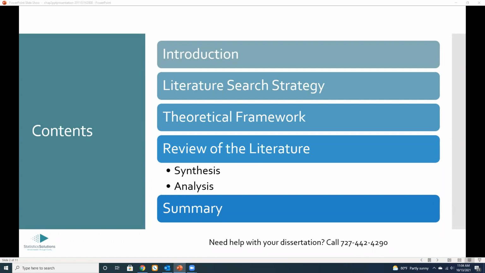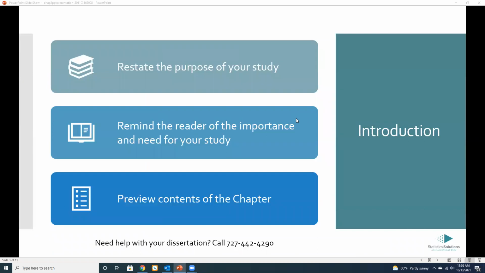Okay, so that's the overall purpose, the thing you need to keep in mind. It's not just a review of the research. That's a big part of it, an analysis of the research, but also that push to help support the need for your study.